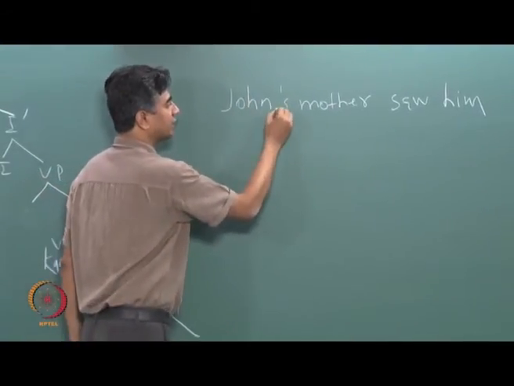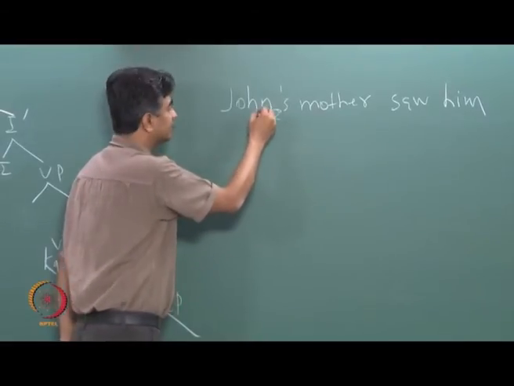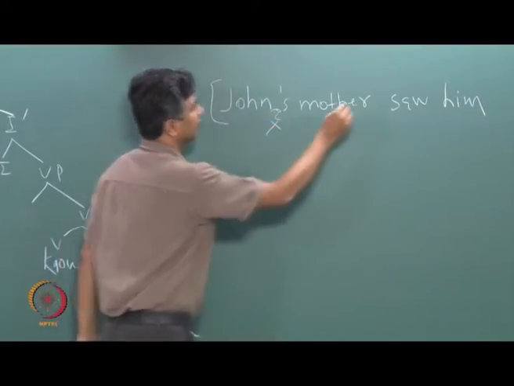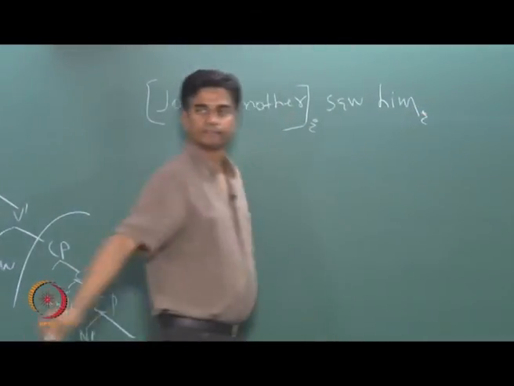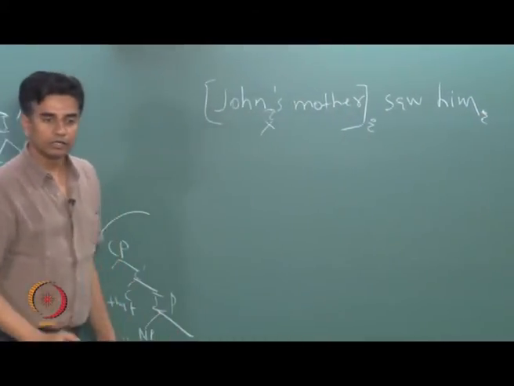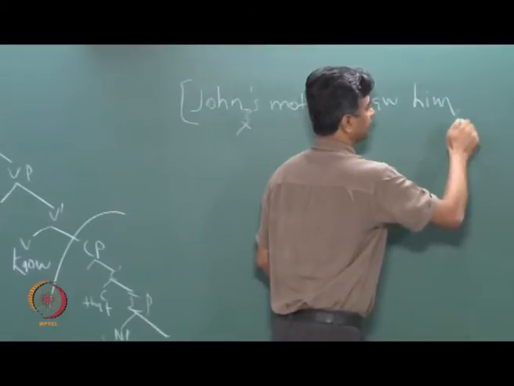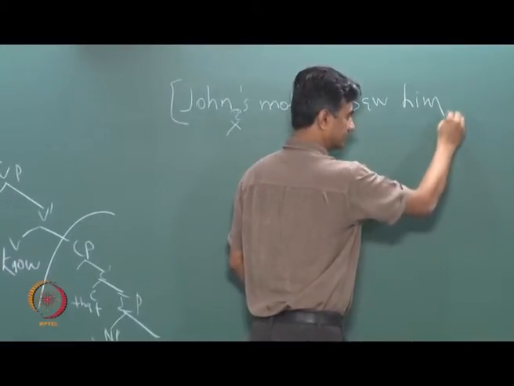What I have done is I have put it here. This is wrong. What I should have done is I should have put it here. No, this is correct, because John and him can be co-indexed, but John's mother will be. Oh, right. I'm sorry. No, that is also correct. I is right.